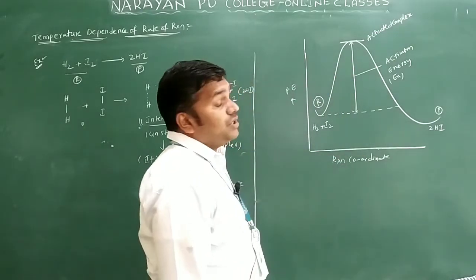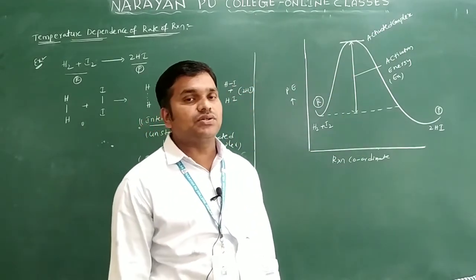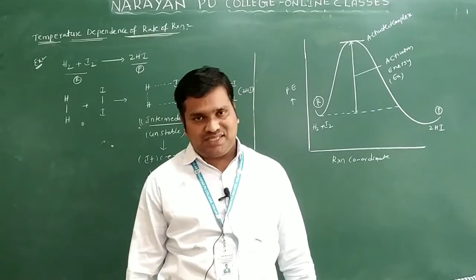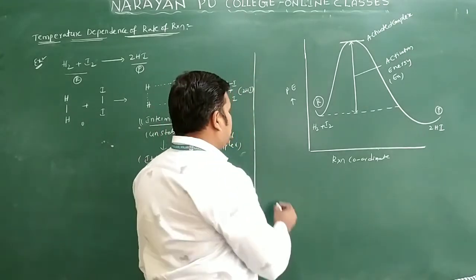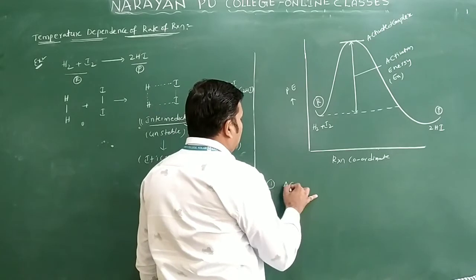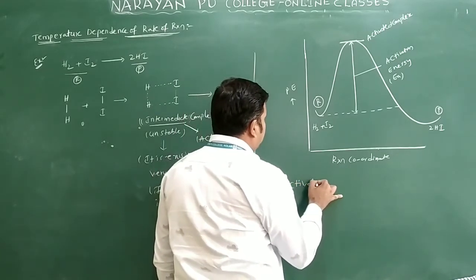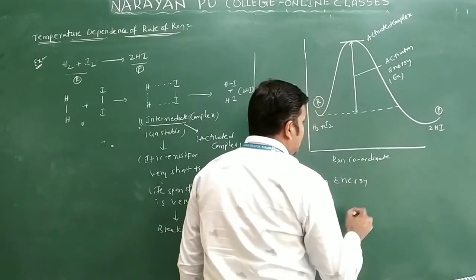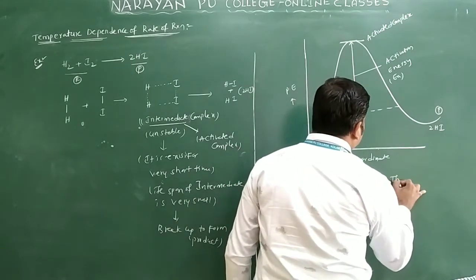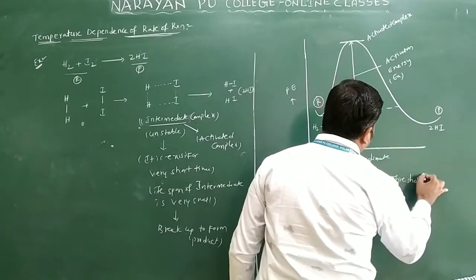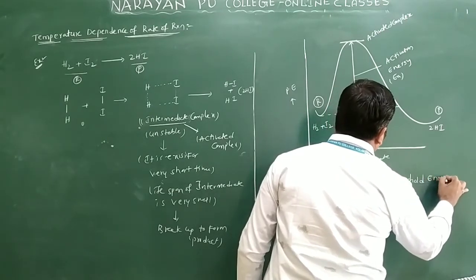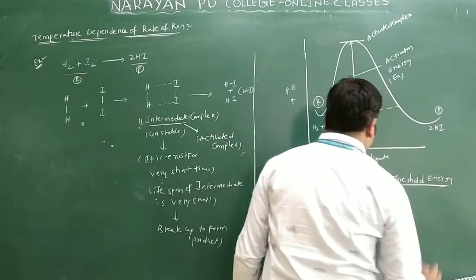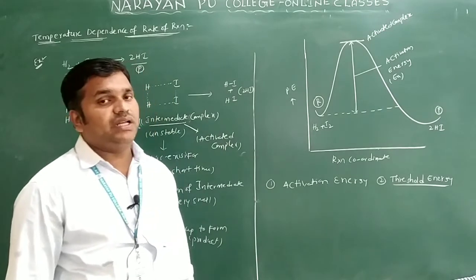Clear? Now here we have to know one more term, that is threshold energy. First one I wrote here is activation energy, and the second one I'll write here is threshold energy. So what does threshold energy mean?